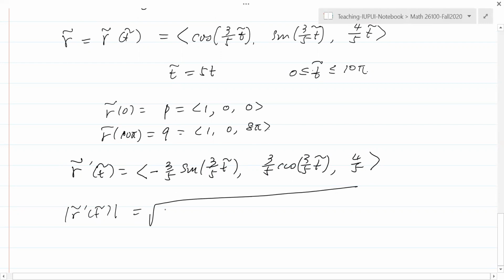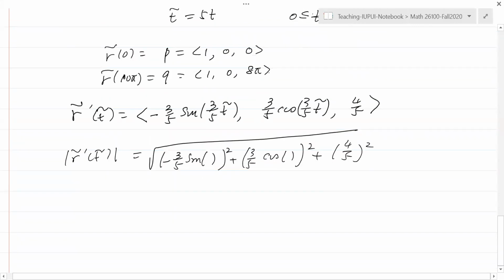So when you square it, it really doesn't matter what the angle is: you have 3 over 5 squared times sine squared of some angle, 3 over 5 squared times cosine squared of some angle, and 4 over 5 squared. For the same reason, sine squared plus cosine squared is 1.